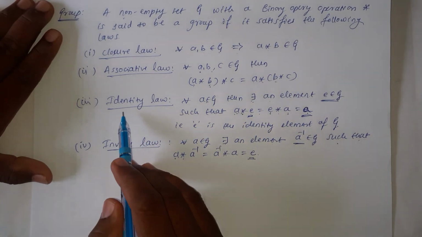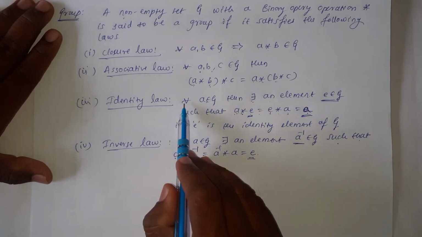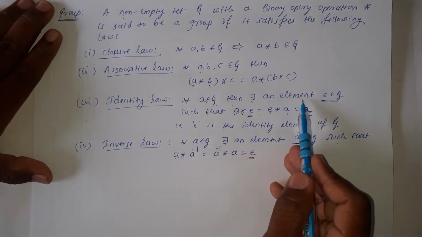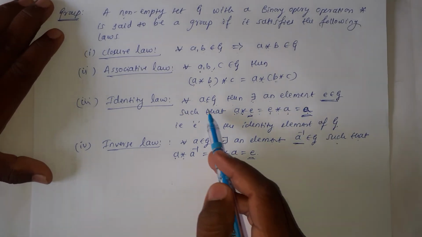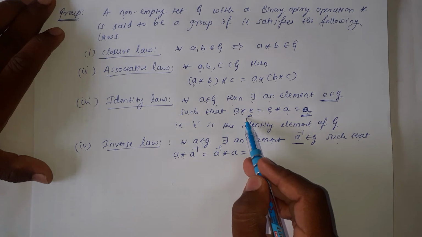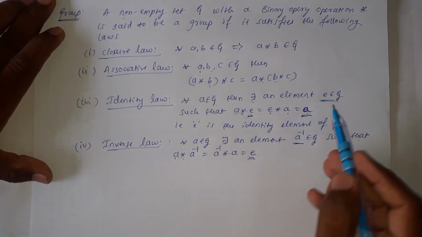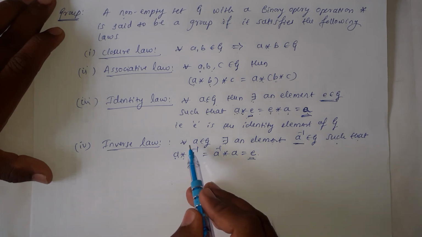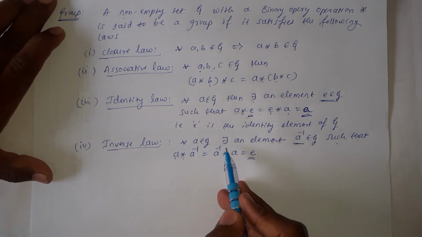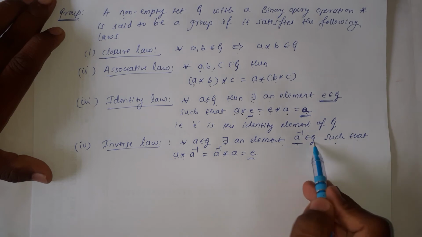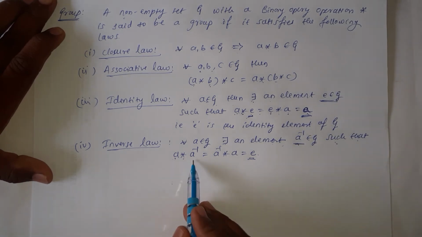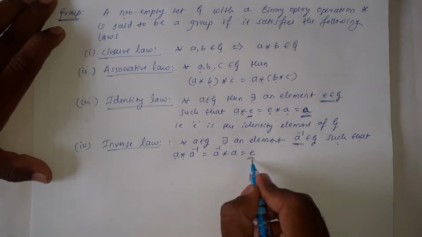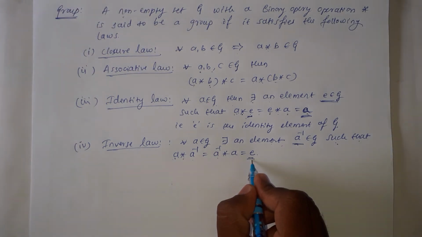Then the third one is identity law, that is for all a belongs to G, there exists an element e belongs to G such that a star e is equal to e star a is equal to a. Then the last one is inverse law. For all a belongs to G, there exists an element a inverse belongs to G such that a star a inverse equal to a inverse star a is equal to e, which is the identity element of G.